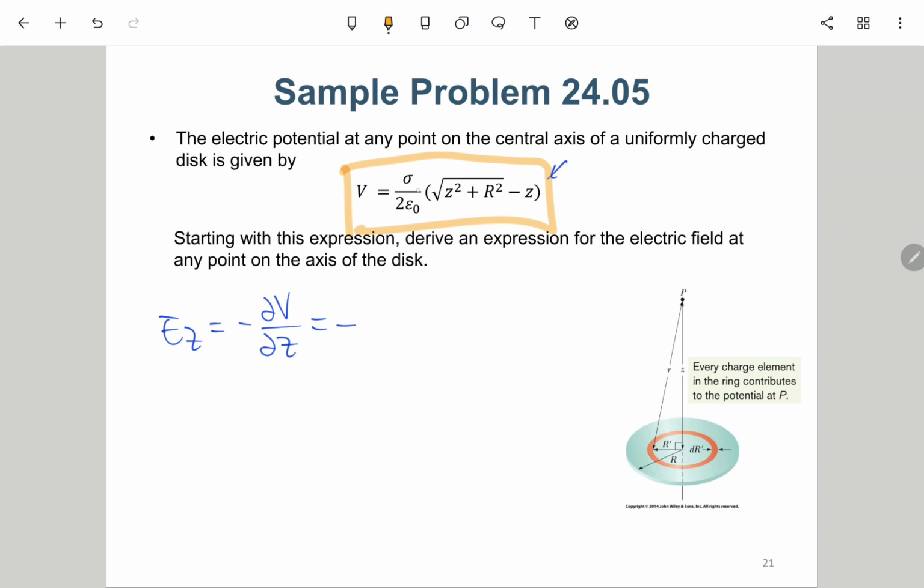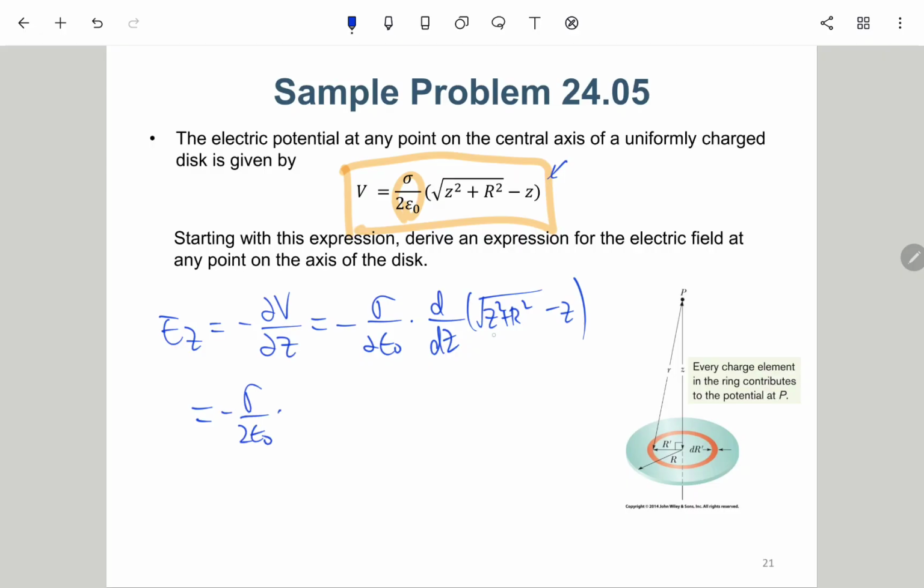So this stuff is a constant with respect to Z, so negative sigma over 2 epsilon naught, and then d/dz of the square root of z squared plus R squared minus z.